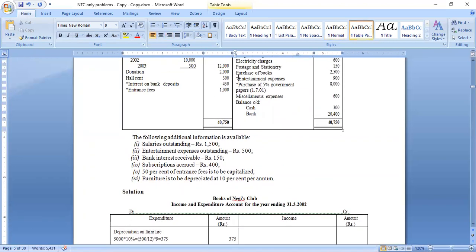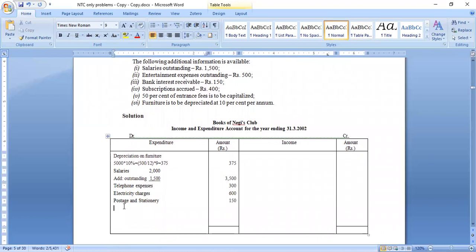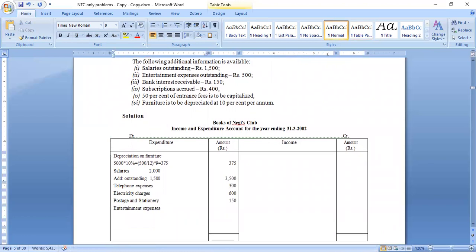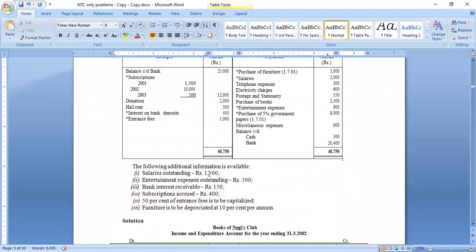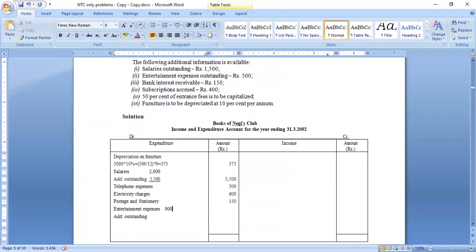Next, entertainment expenses, we have an adjustment. Entertainment expenses 900, add outstanding 500. So it comes to 1,400.